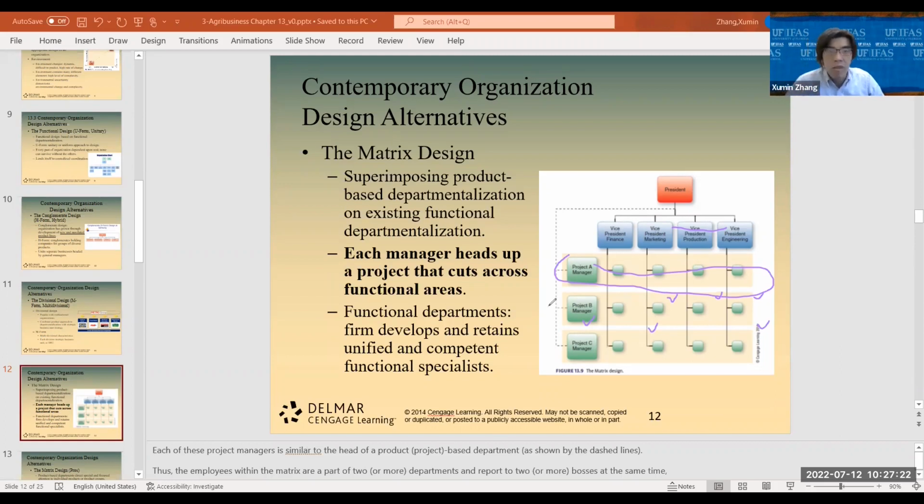This is why this is the structure. In general, I would say all companies have adopted this matrix design. Why? Every company has different projects. Once we define the strategy, we need to set up the project team. The project team members come from all other departments, temporary, but they belong to their own department.